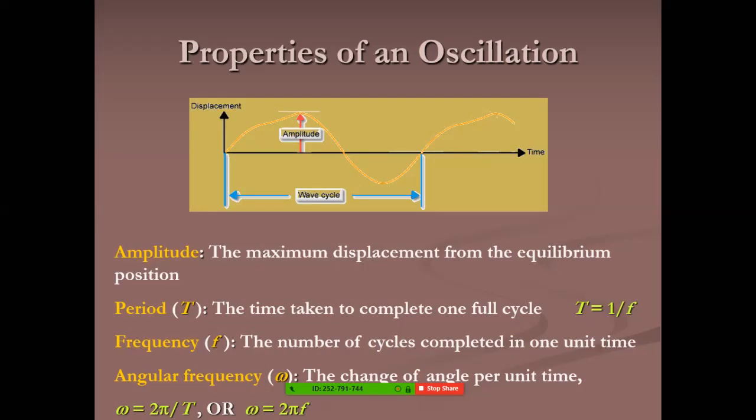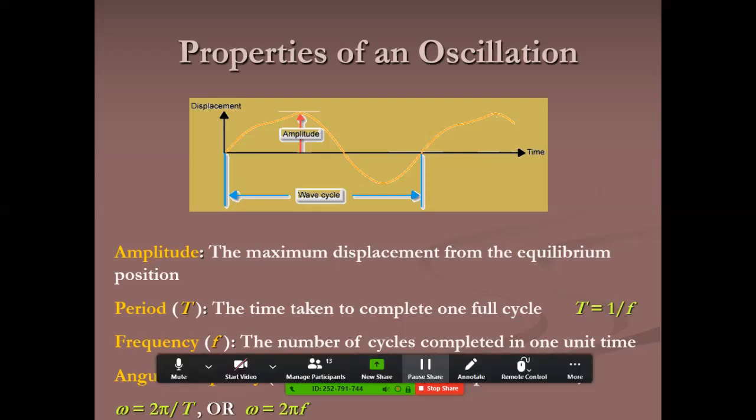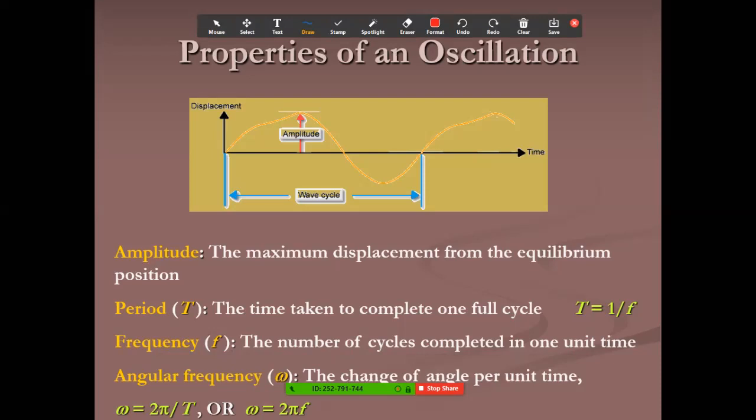So it has its own amplitude, period, frequency, and something called angular frequency. I think these 3 are no problem: amplitude, period, and frequency. It's about angular frequency. What is angular frequency?